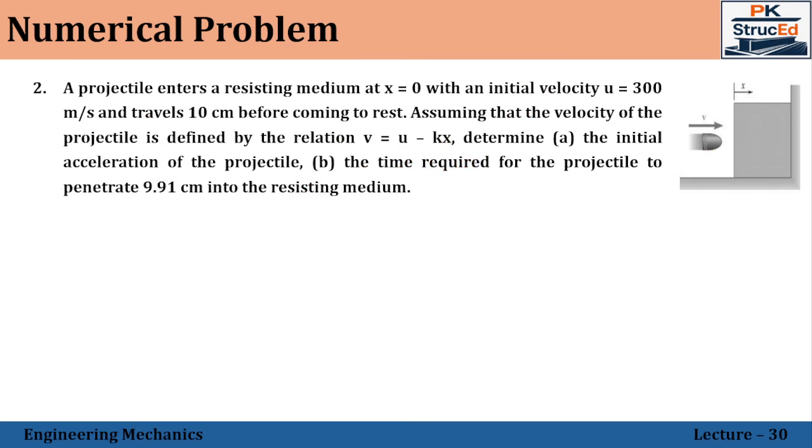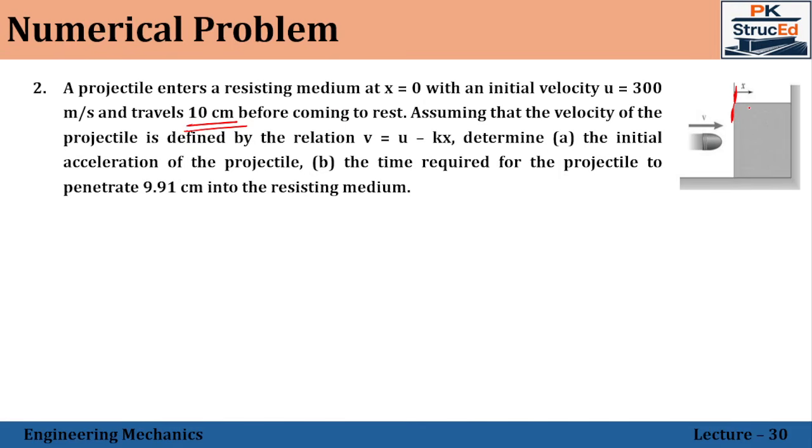Now moving on with the second example, here a projectile is entering into a resisting medium at x is equal to 0. This is the initial point, with the initial velocity of 300 meter per second. Since it is going to enter into this medium, velocity will be gradually reducing and it travels 10 centimeter before coming to rest.